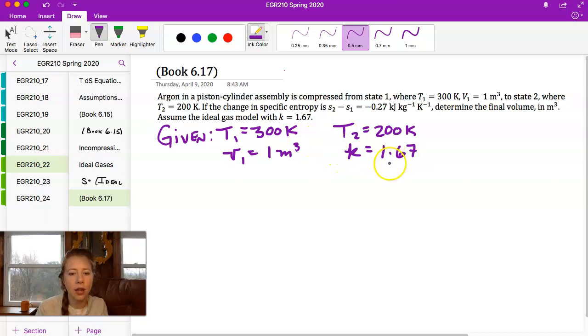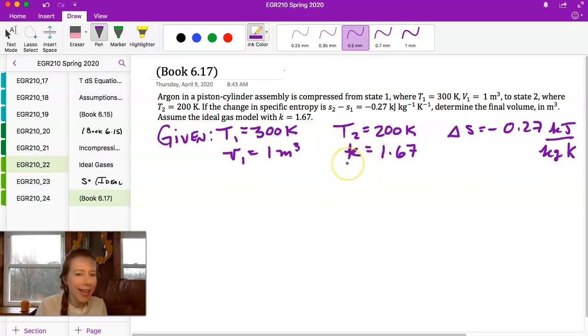And that's going to be constant in this process. And delta S is minus 0.27 kilojoules per kilogram Kelvin. So what is k?